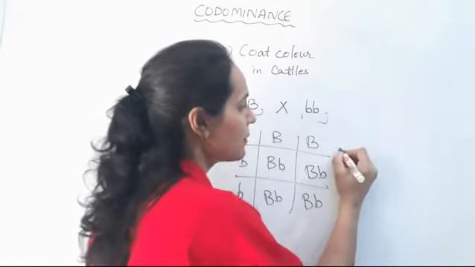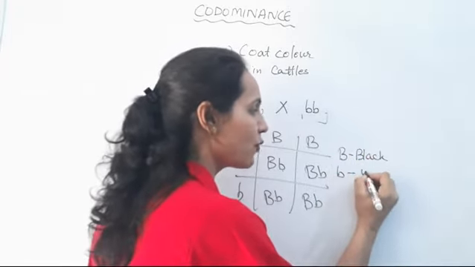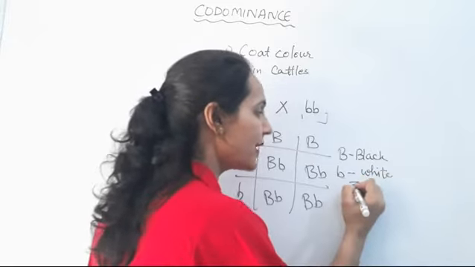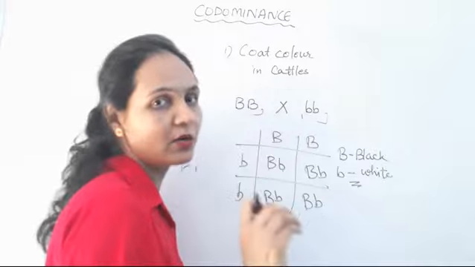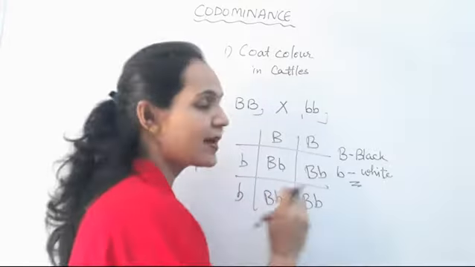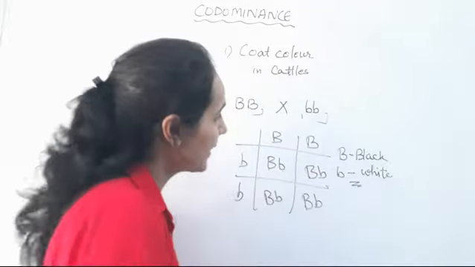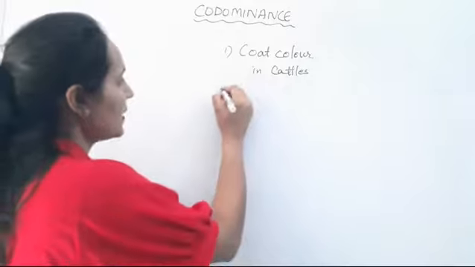That means this B stands for black and this b stands for white. So you will find black and white patches on the skin or fur of the cattle. That means they both express equally. Clear? Okay, the next example is AB blood grouping.